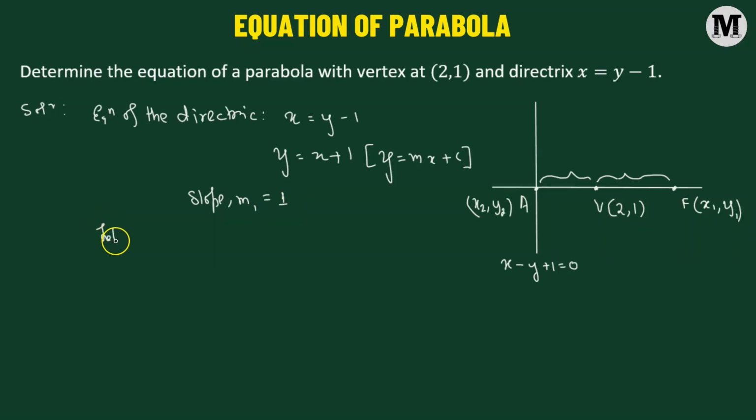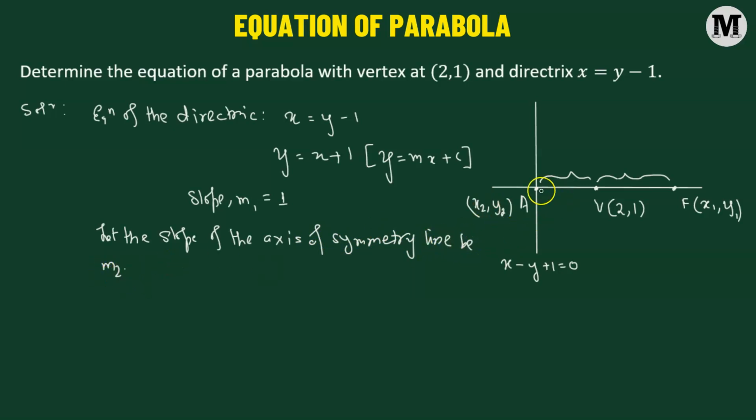Now, we're going to consider the slope of the axis of symmetry line. We'll consider that the slope of the axis of symmetry line is given by m2.